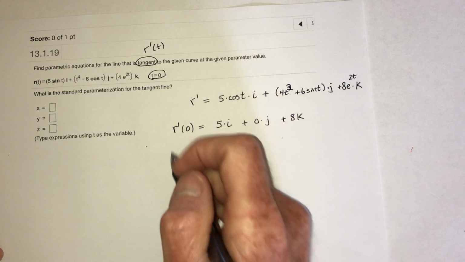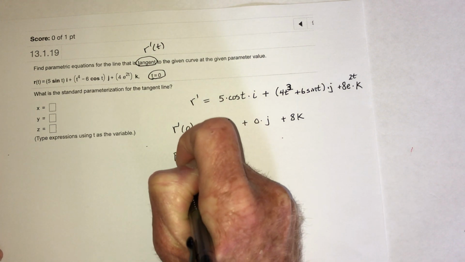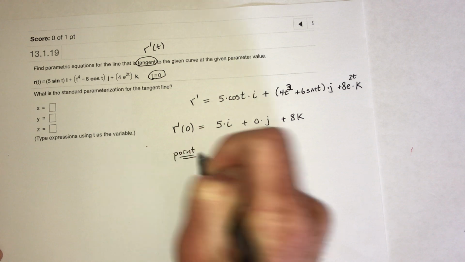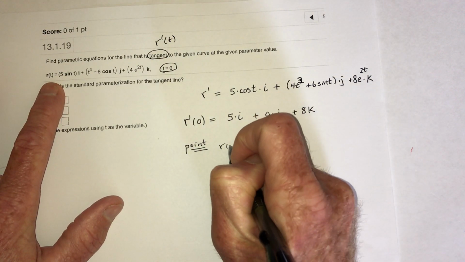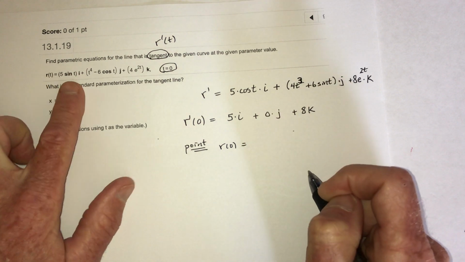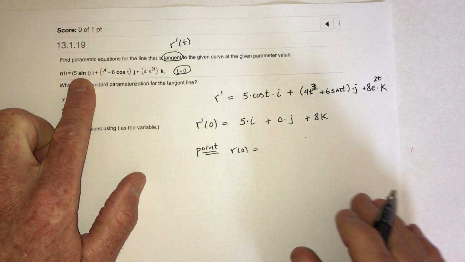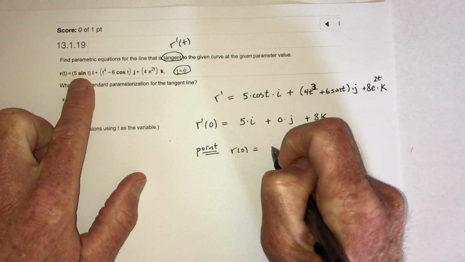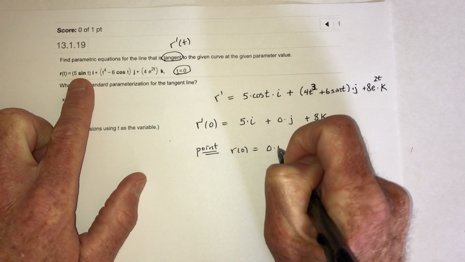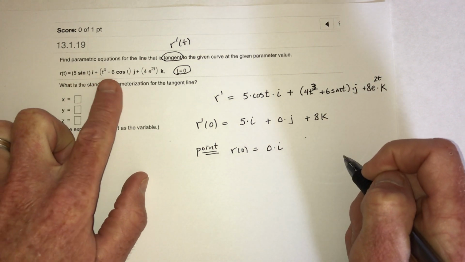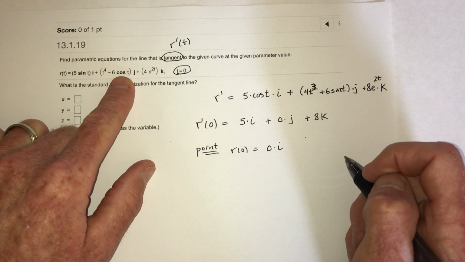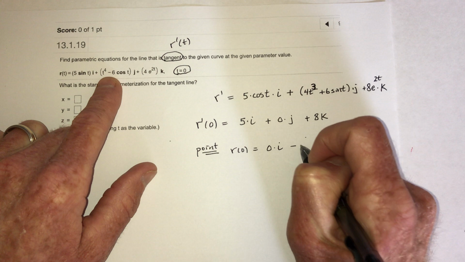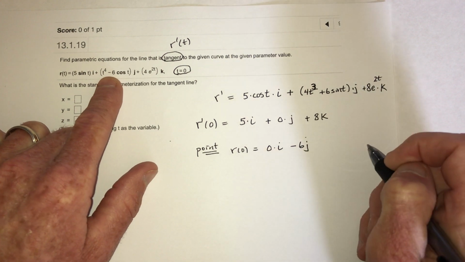Now we also need the point. What is the point? That's what I've been wondering. What's the point? The point is when you plug in 0 right here, sine of 0 is 0, so that's going to be 0 times i. When you plug in a 0, that is 0 to the 4th. Cosine of 0 is 1, so that leaves negative 6 for the j.